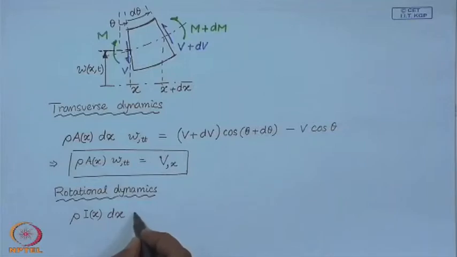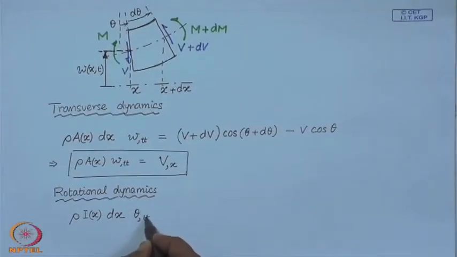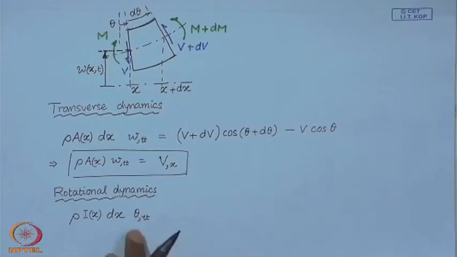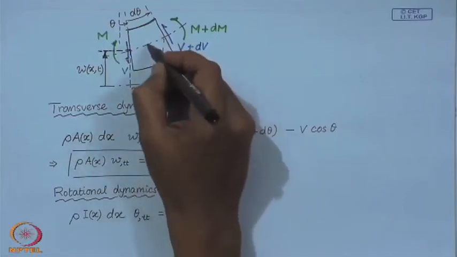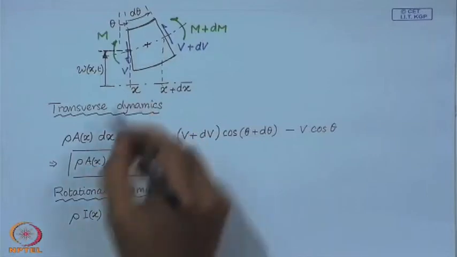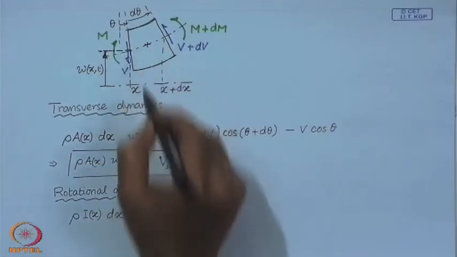So, this angular acceleration can be written as the double time derivative of this angle theta of the element, and this must be equal to the sum of all moments about the center of mass of the element. We are writing this rotational dynamics about the center of mass.